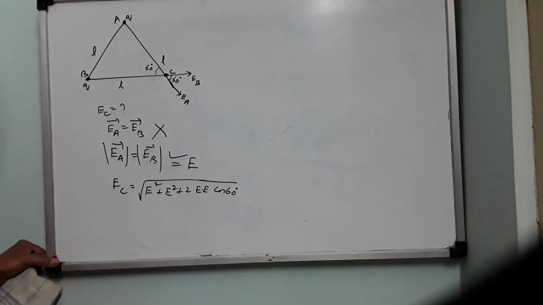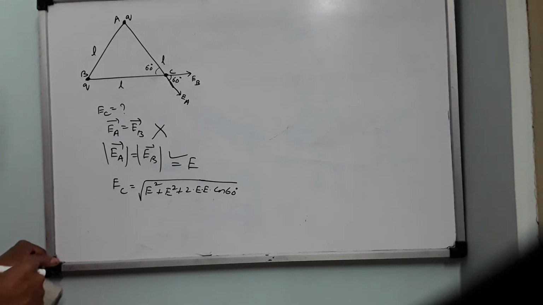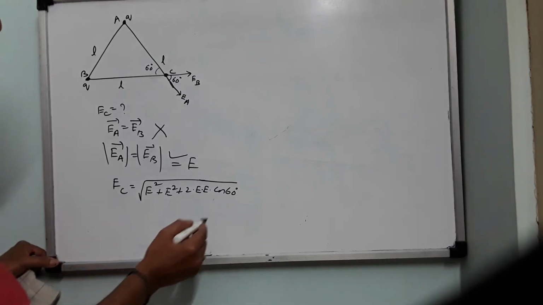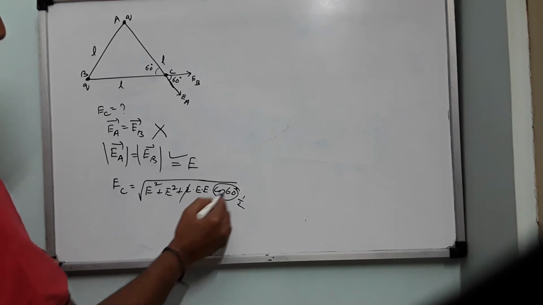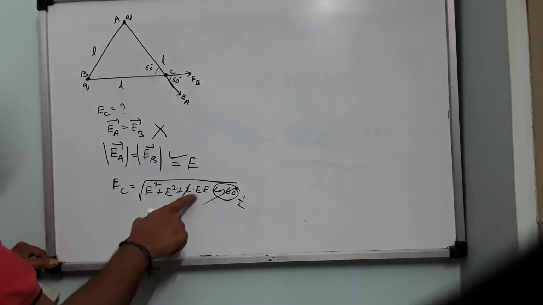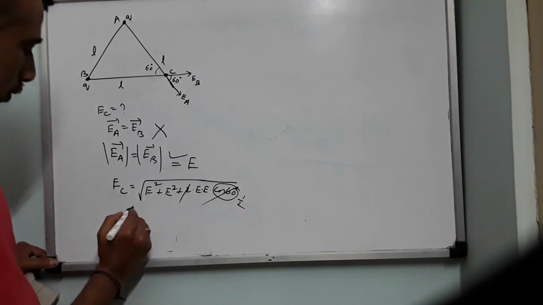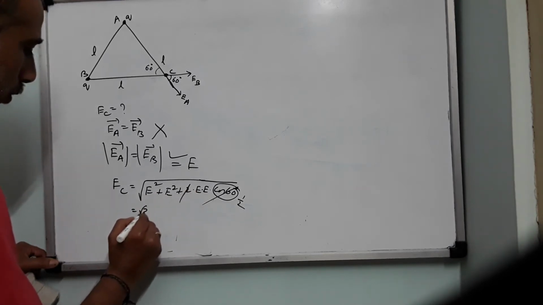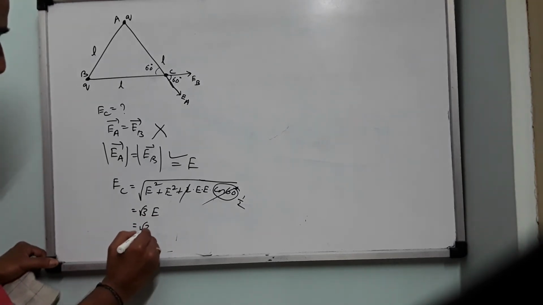Vectorial summation is like this: square root of A square plus B square plus 2AB cos theta, for two vectors A and B acting at an angle theta. So cos 60 is 1 by 2 and here is 2, so these two can be cancelled. E into E will be E square. E square plus E square plus E square, you will get 3E square under root. So root 3 into E.